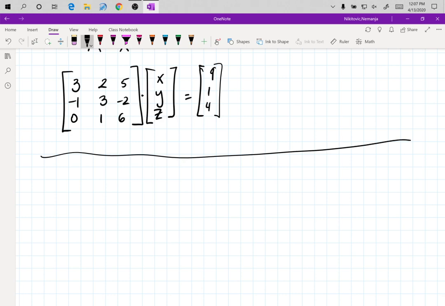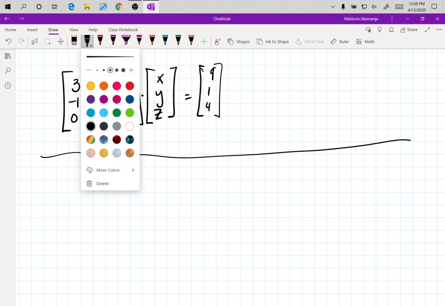Let's do one more matrix multiplication and then move on, but let me just get one from homework. This one says multiply both ways and show that they are not the same.